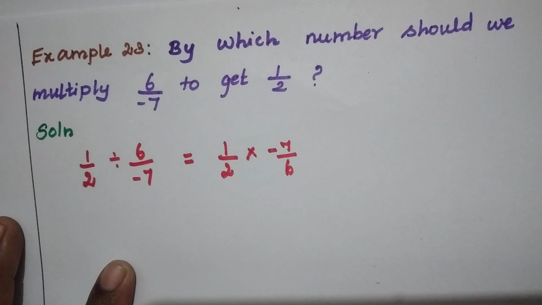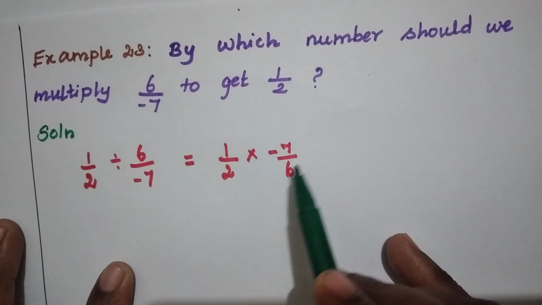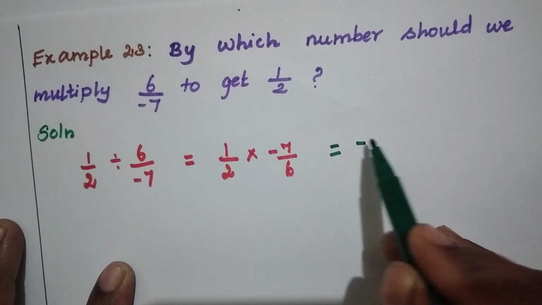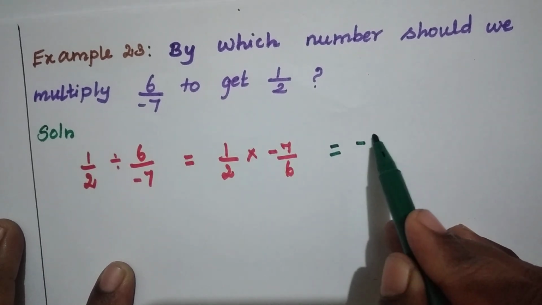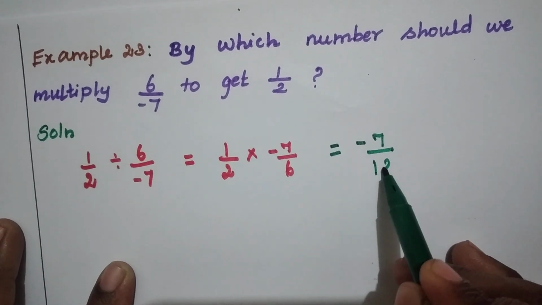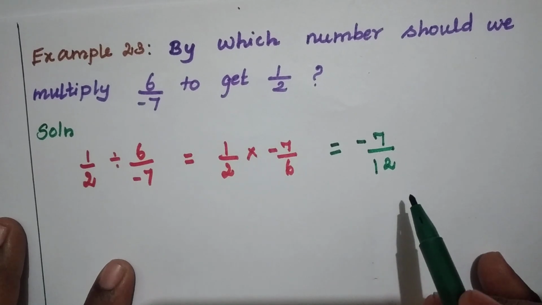I can simplify this one. Here we cannot cancel any numbers. Plus into minus is minus, 1 7 is 7 divided by 2 6 are 12. So the answer is minus 7 by 12.